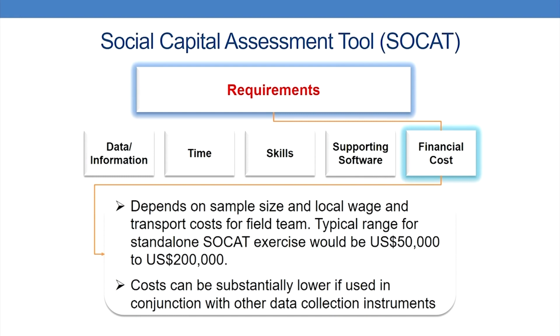The SOCAT exercise, I am not sure which year this data belongs to, however, the typical range for a standalone SOCAT exercise would be about $50,000 to $200,000. So, pretty costly with respect to the needs of developing countries, but costs can be substantially lower if it is used in conjunction with other data collection instruments.